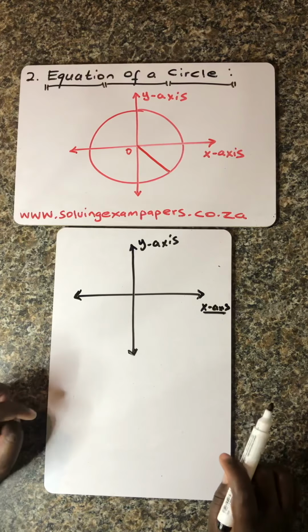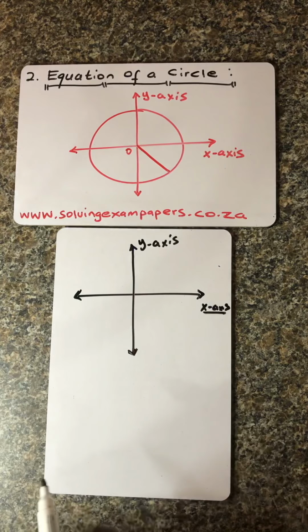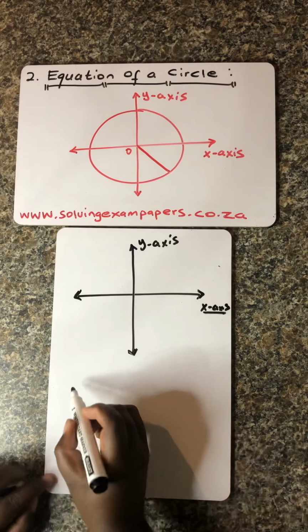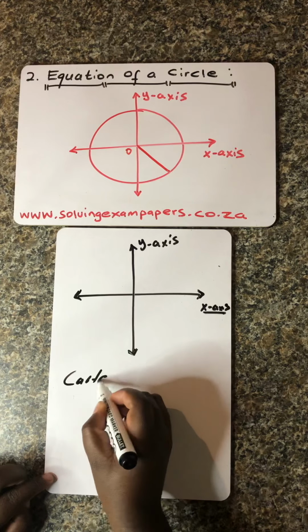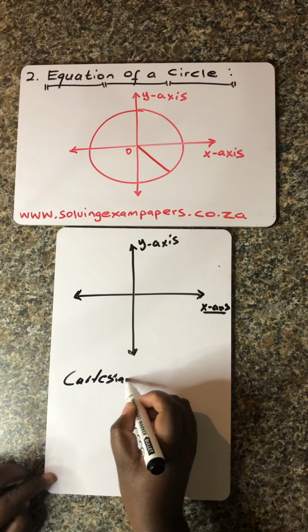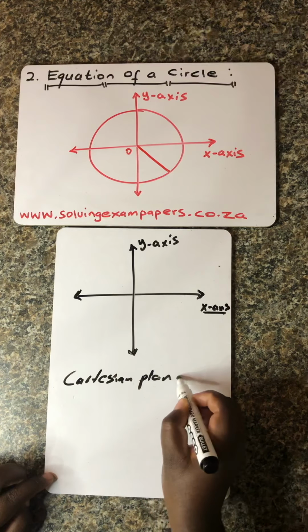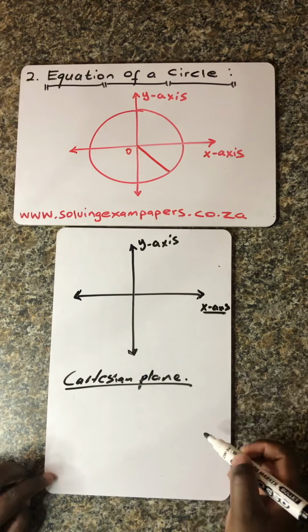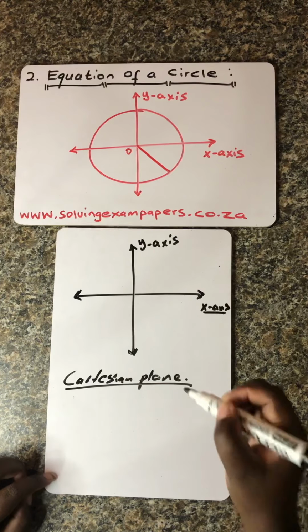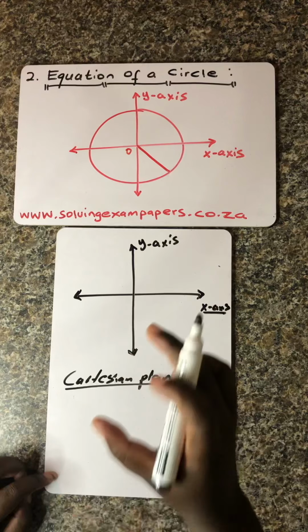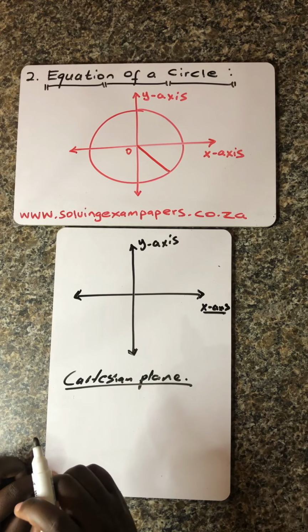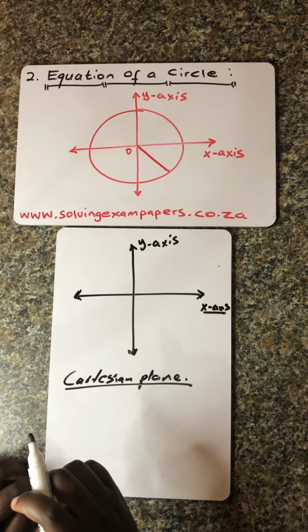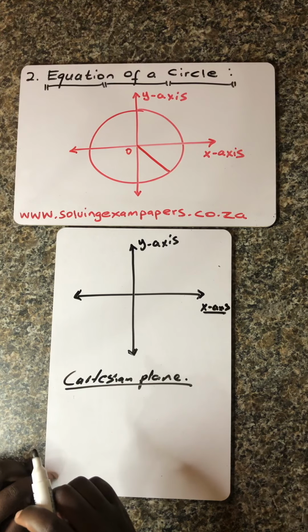Ladies and gentlemen, this is what we call a Cartesian plane. We draw functions on a Cartesian plane. For today's lesson, we'll be focusing on the equation of a circle. Very much important, ladies and gentlemen.